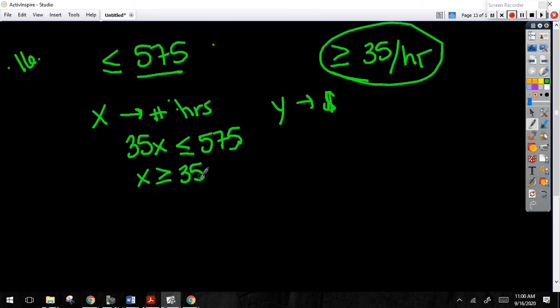Here's what we need to do. Instead of saying less than or equal to 575, we need to say it's less than or equal to the total amount of money that I have to spend. Y will be how much money I have to spend.